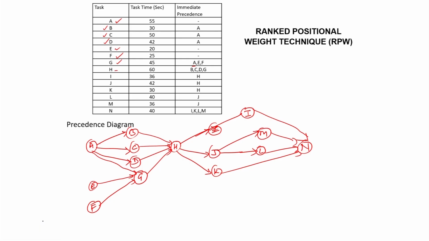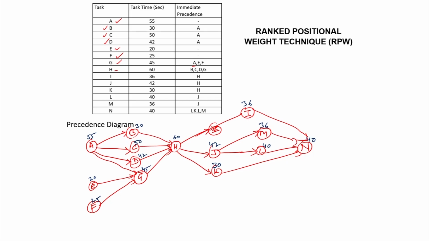A requires 55 seconds, B requires 30, C requires 50, D requires 42, and then E requires 20, F requires 25, G requires 45, H requires 60, I requires 36, J needs 42, K needs 30, L needs 40, M needs 36, and then N is 40. So, this is the precedence diagram.